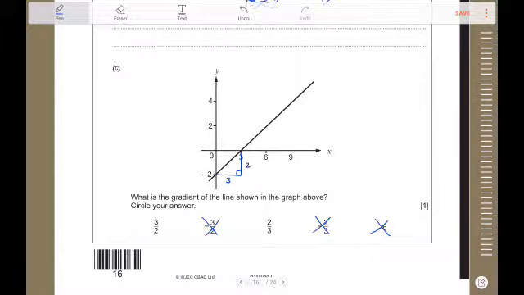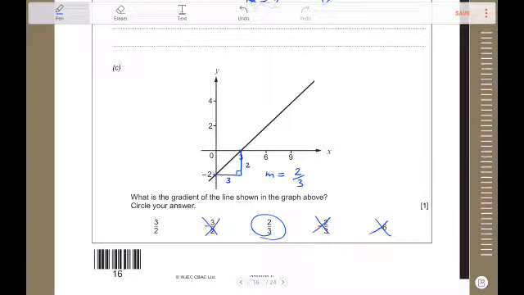So if I was walking from this point to this point, I've gone forward 3, let's just call it meters for argument's sake, forward 3 meters, up 2 meters. So the gradient for this is you always divide the vertical by the horizontal. So m for this line would be 2 divided by 3, which is 2/3. Okay, and that's that one there.